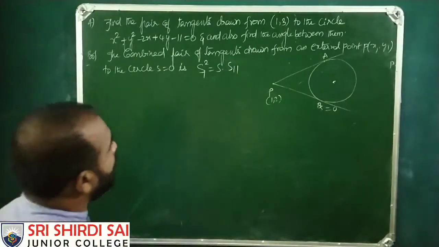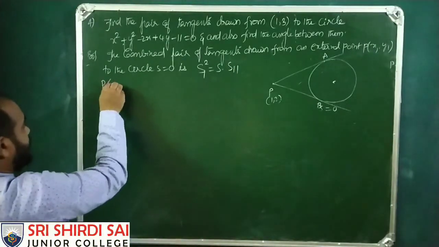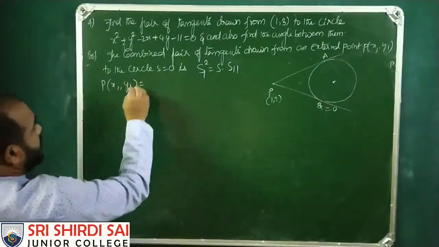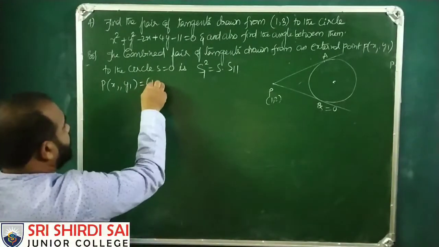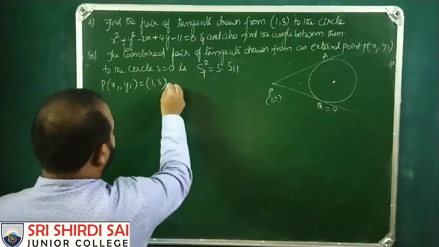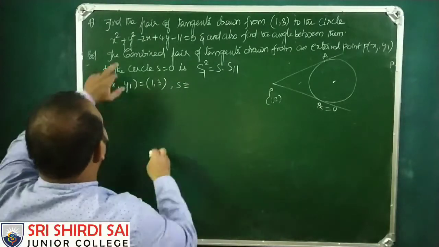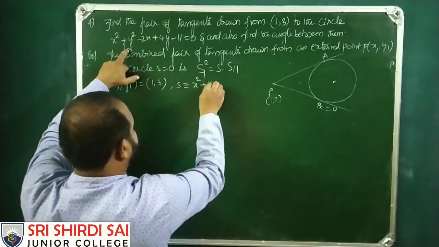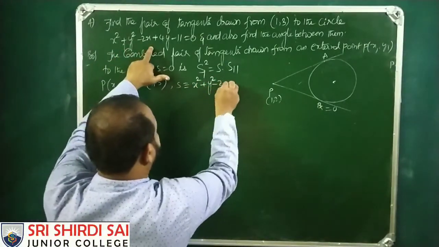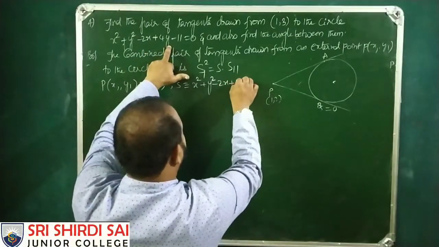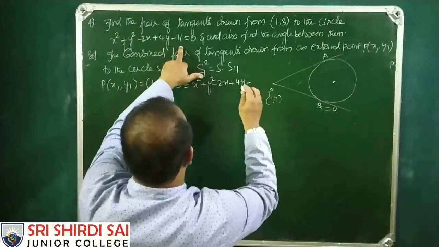So here point P(x1, y1) equals to (1, 3), and S is x square plus y square minus 2x plus 4y minus 11 equals to 0.